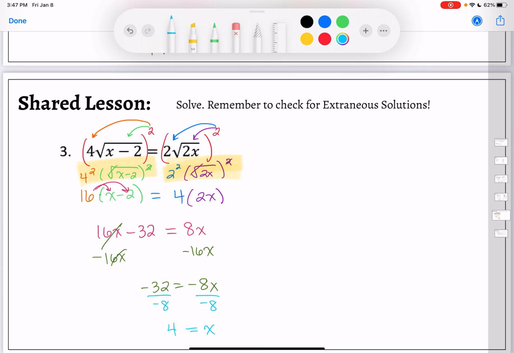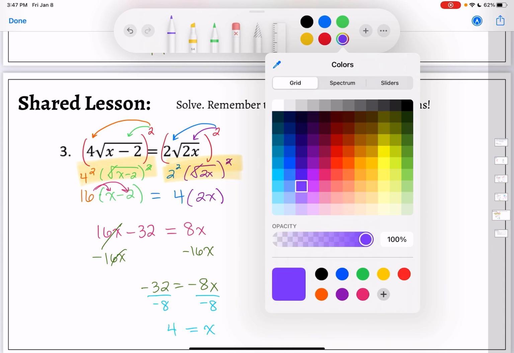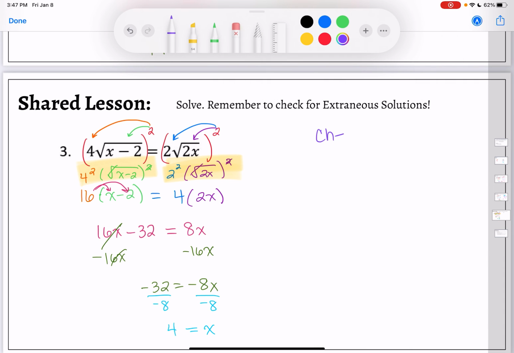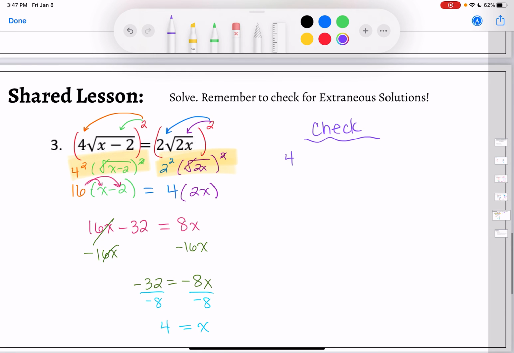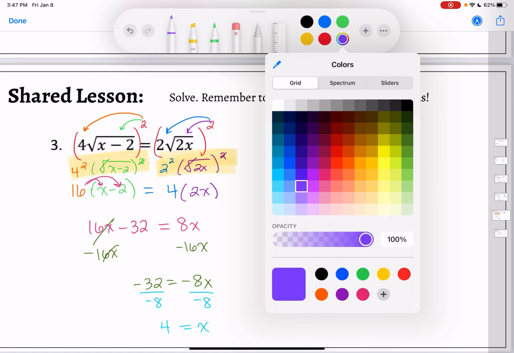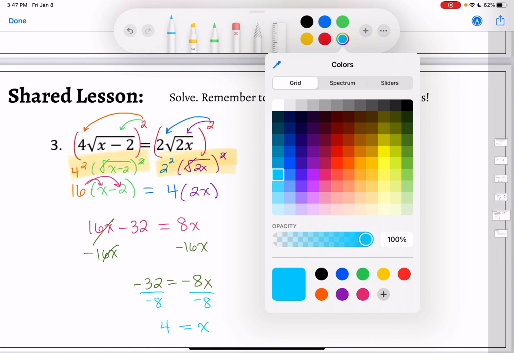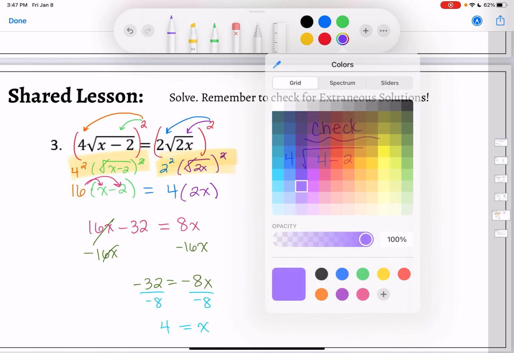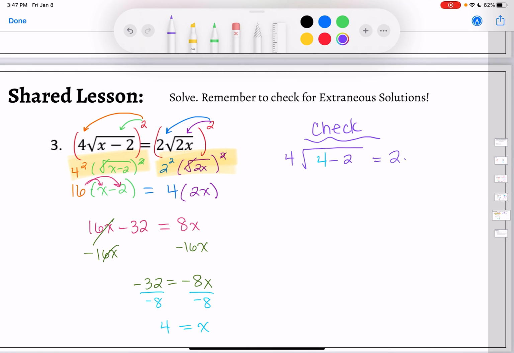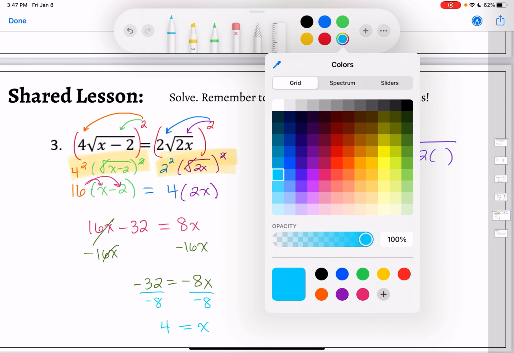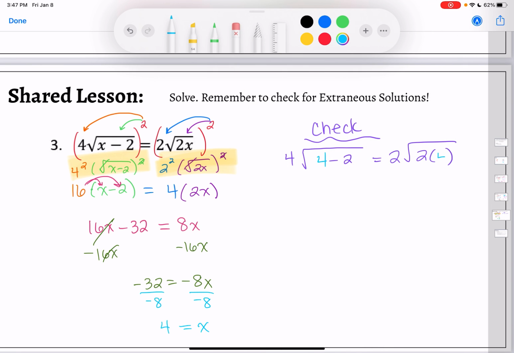So my solution right now is x equals 4, but I need to make sure that I check for any extraneous solutions. Maybe that one won't work. We'll see. Okay, so I'm going to go back to my original equation. 4 radical x minus 2, so this is 4 minus 2 on the inside on the left, equals 2 radical 2x, so 2 times 4, on the right.